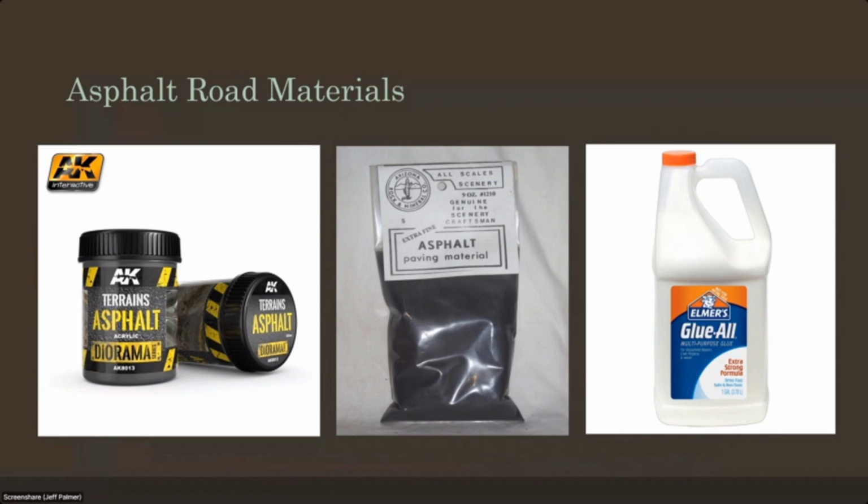I can take that and mix it with the glue, spread it out with a putty knife, and it will dry within probably an hour or so. I can go lightly sand it, and all of a sudden I've got a relatively used road.